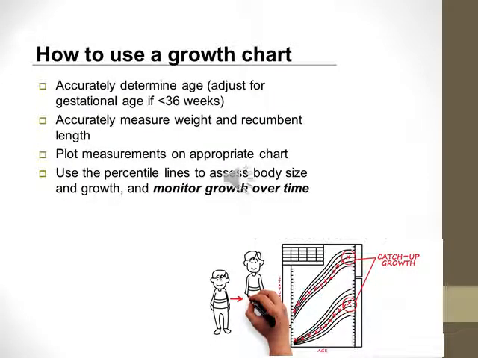So first you will accurately determine the age on the x-axis. The child is 3 months of age, 6 months of age, or whatever the particular age. And then on the y-axis you will measure the height or the weight of the child using a weighing machine or a measuring tape or the tools particularly used for measuring the length of the child.